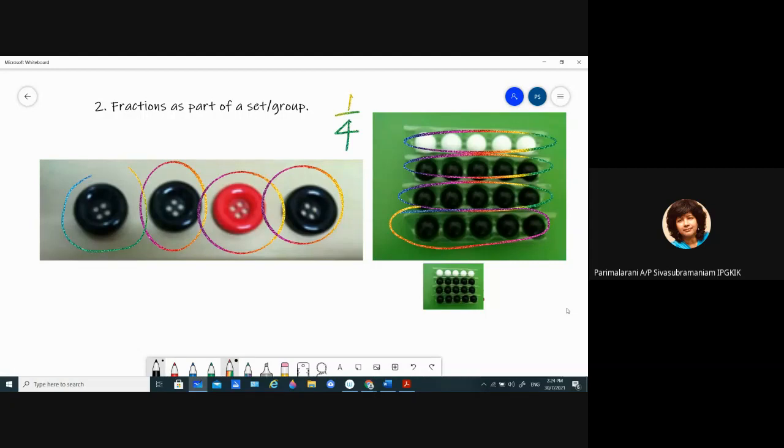Of course, you can also say it is 5 out of 20. So this is another concept that must be taught clearly. You can also use different colored ping pong balls to teach children fractions as part of a set. It is from here that they will learn multiplication of fractions.